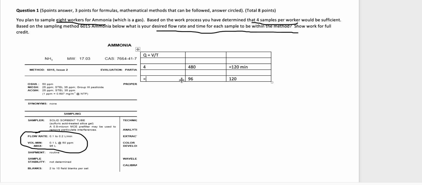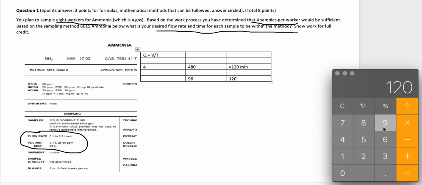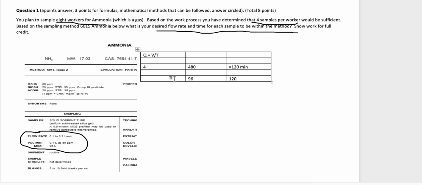So if we divide 96 divided by 120, this will give us 0.8 liters per minute. Is 0.8 liters per minute within our method? No, it's not. It's actually much too high. So we need to choose a lower flow rate.